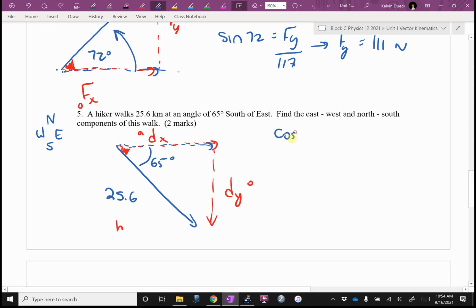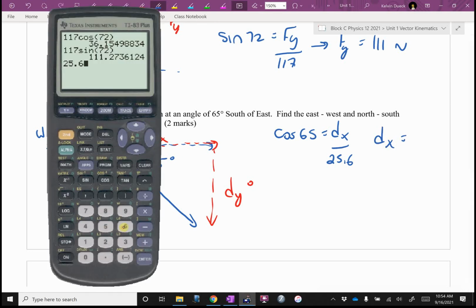I think cosine of 65 is dx over 25.6. So dx ends up being, y'all get 10.8?